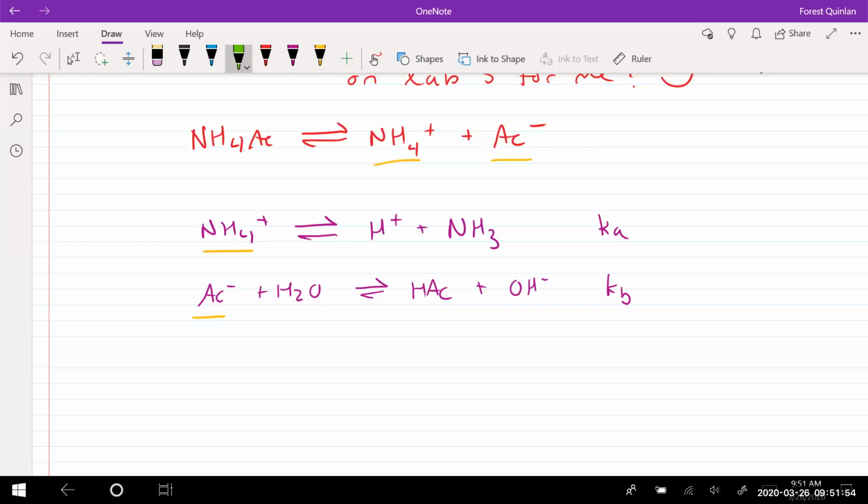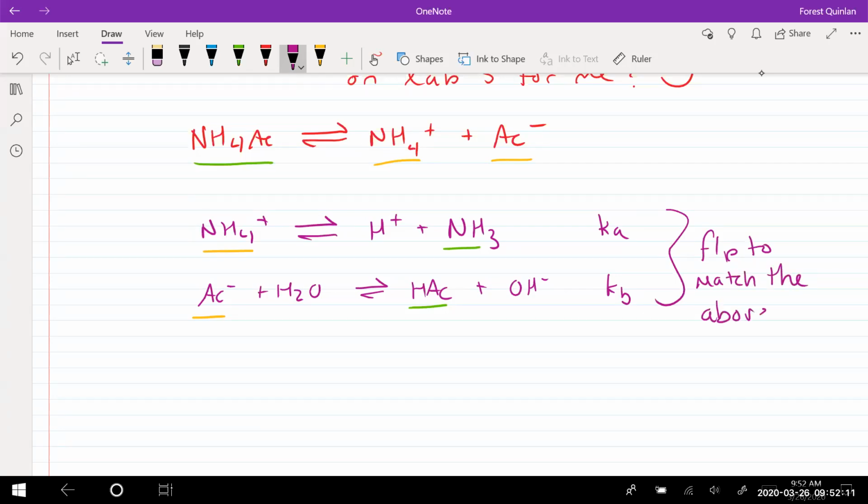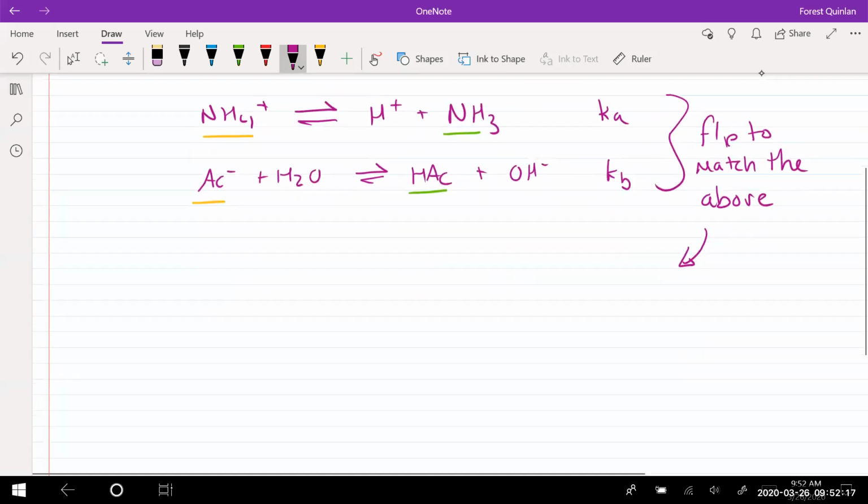And perhaps less intuitive, here's your NH4AC, but they're on the wrong side. So we're going to flip to match the above.